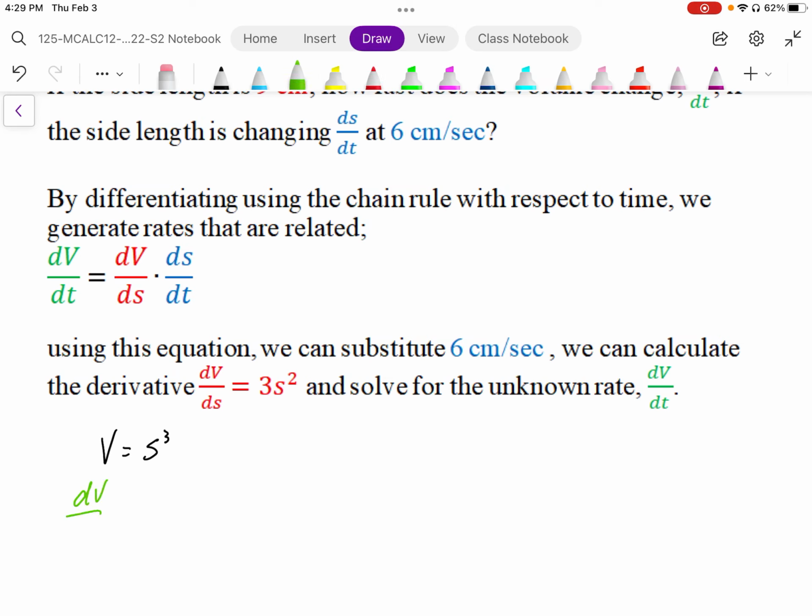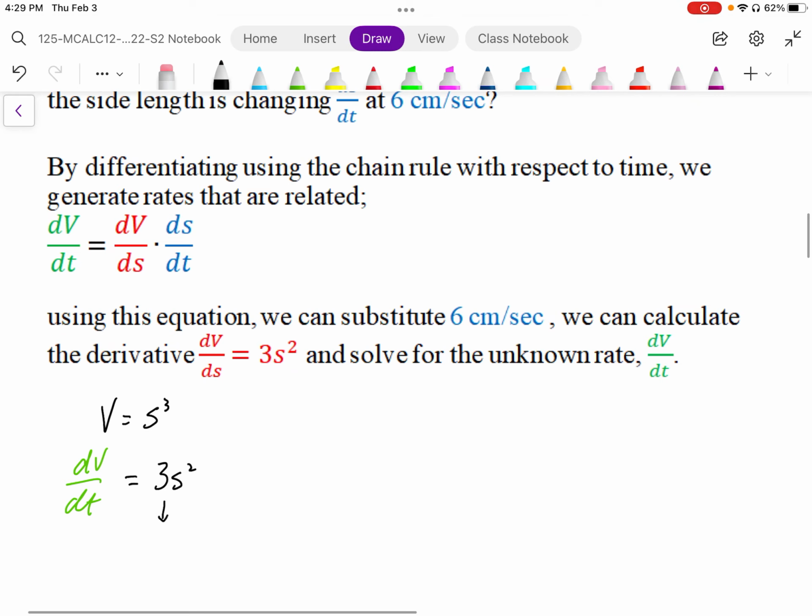We're going to differentiate this side with respect to time. That's what we want. But to do that, we need to first of all differentiate the s cubed, which is really dV by ds. But because s is a function of time, we need to think of s as an embedded function and apply the chain rule, ds by dt.